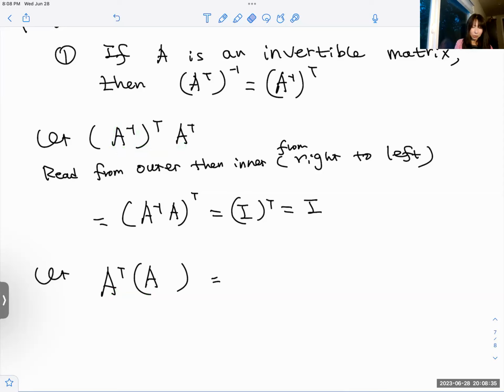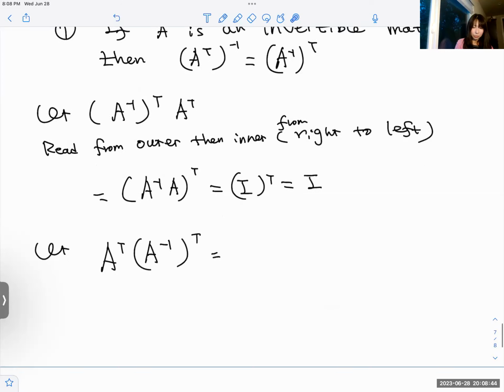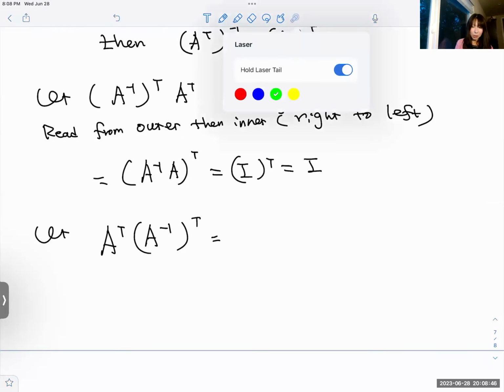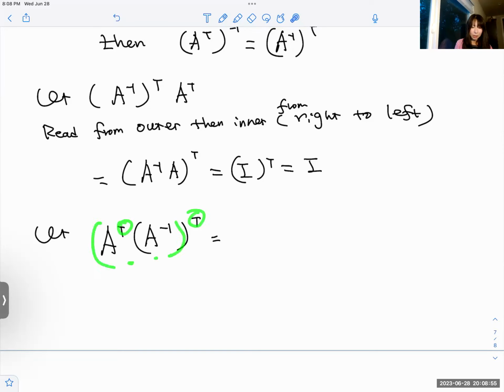Same concept, same process. So we have a transpose, then we make that the I. The transpose of I is I, same thing.